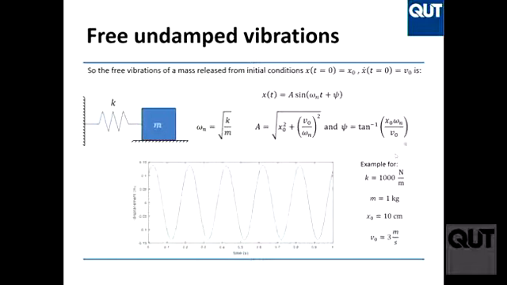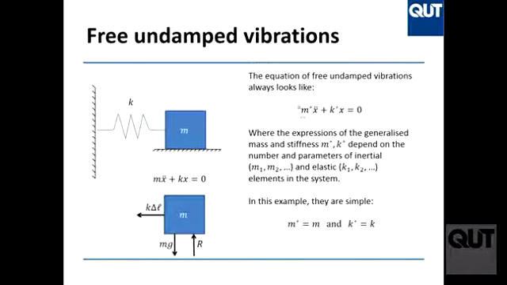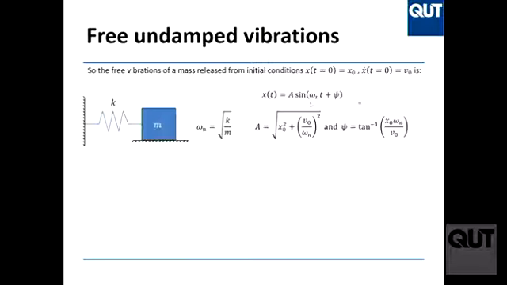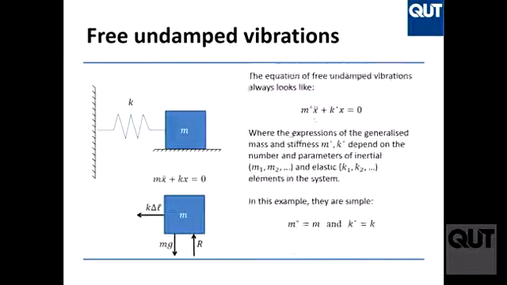Clear? You know all the numbers, you can find fully the solution. You don't actually need to solve this equation because once you find this equation, the solution is always this one. You just have to find the numbers based on which number you have here and which number you have here. Clear?